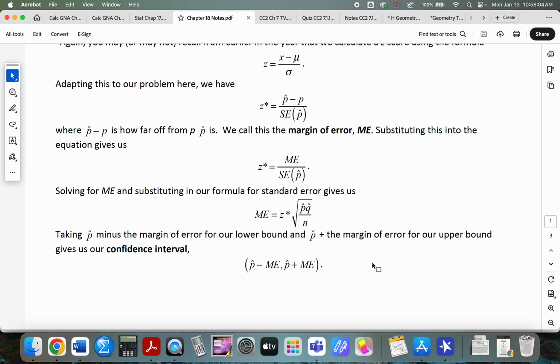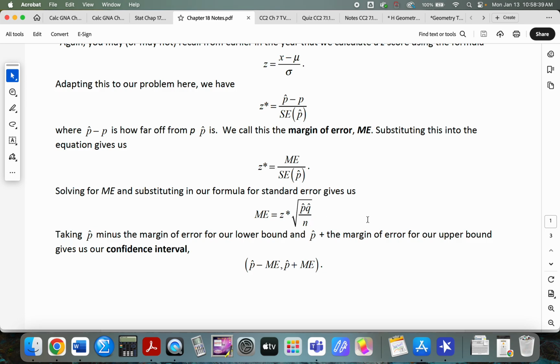That is the margin of error. So the margin of error is your critical value, in this case z star, times the standard error.